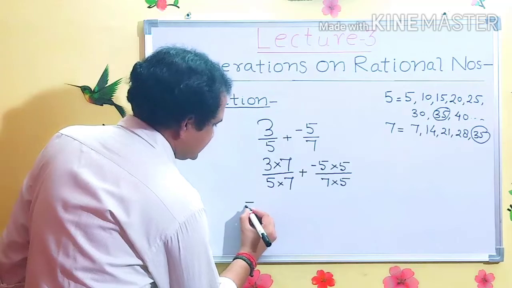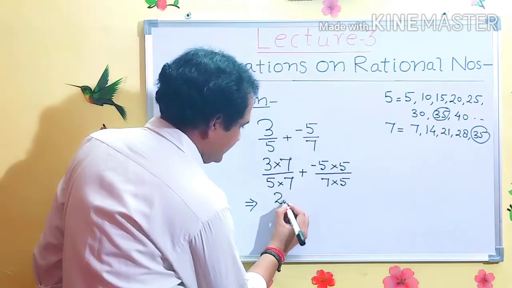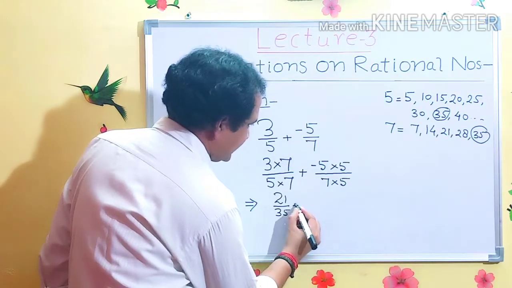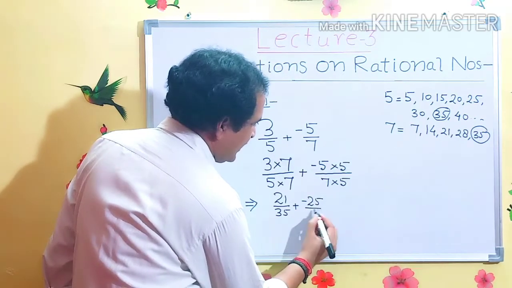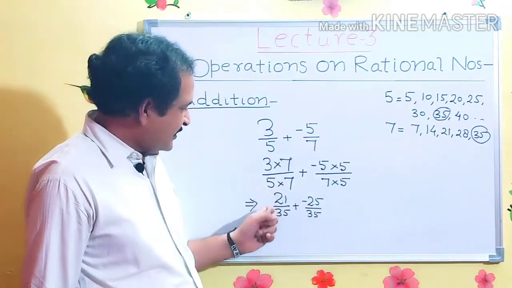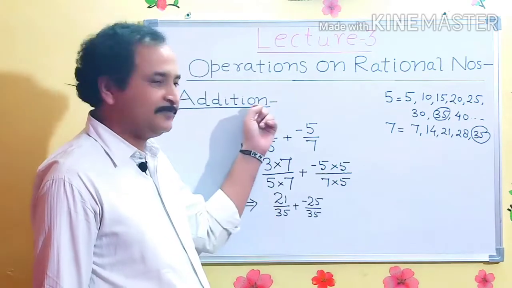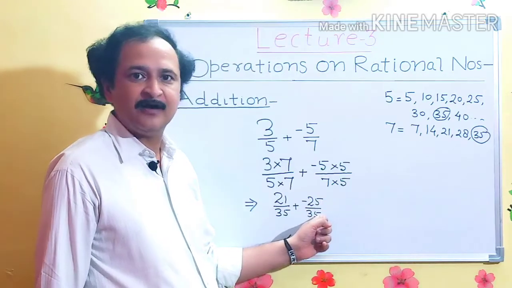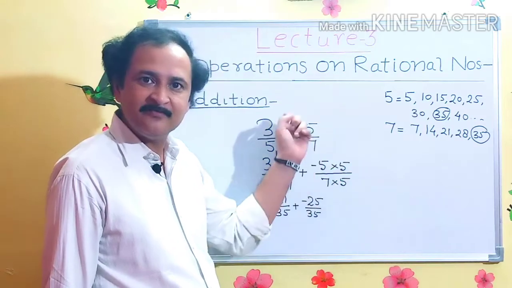Now this rational number can be written as 21 upon 35, and this rational number can be written as minus 25 upon 35. See, 21 upon 35 is the equivalent rational number of 3 by 5, and minus 25 upon 35 is the equivalent rational number of minus 5 by 7.